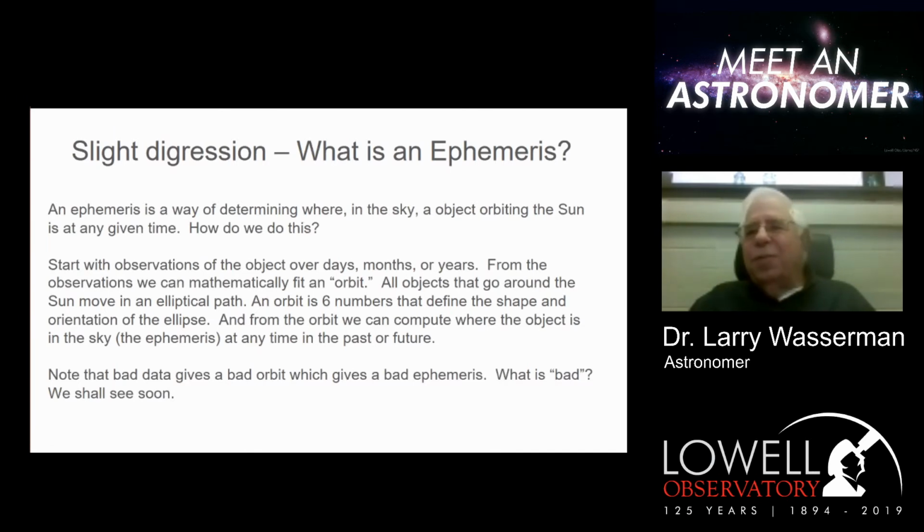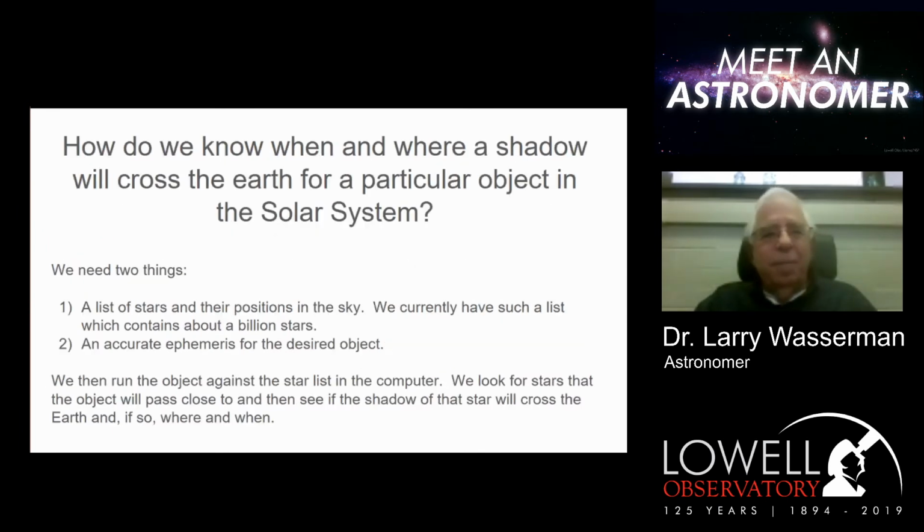I note for future reference that bad data, garbage in, garbage out, bad data gives a bad orbit, which gives a bad ephemeris. And what do I mean by bad and what do I mean by good? We'll see. This becomes important.